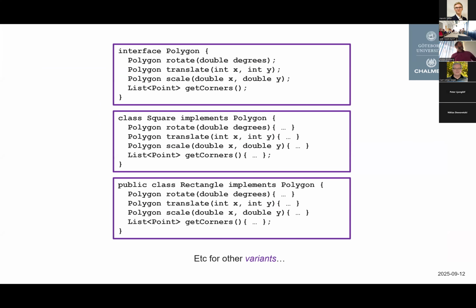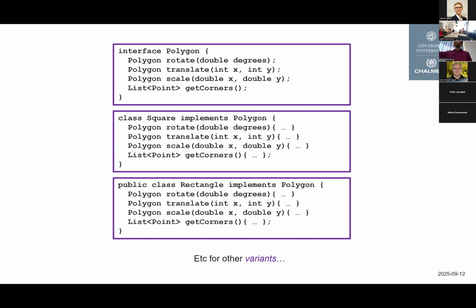So it might look something like this. We define an interface polygon with these methods. This is Java. And then we can let the square class implement this interface. We can let the rectangle class implement this. And if at some future point I want to introduce hexagonal polygons or whatever, I can add more things.